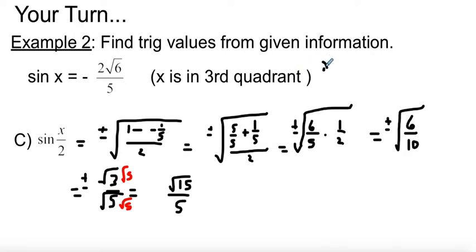So x over 2 would be in quadrant 2. So in quadrant 2, is sine positive or negative? Oh yeah, my sine in quadrant 2 is going to be positive. So this is going to be a positive square root of 15 over 5.